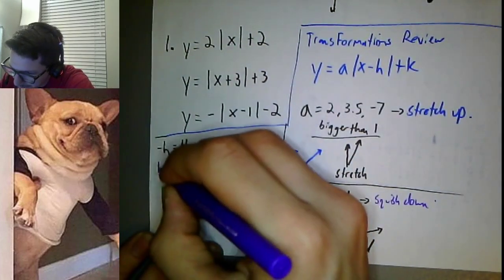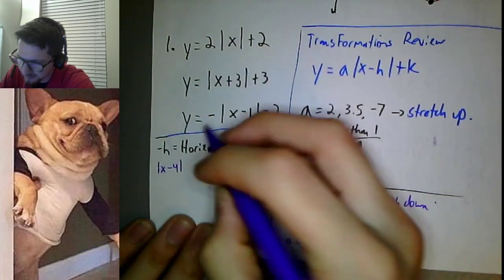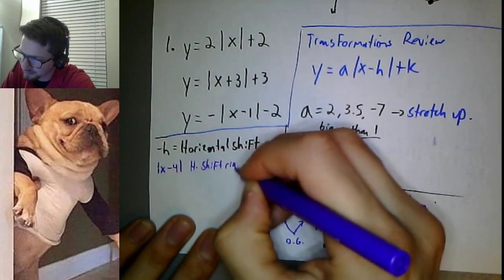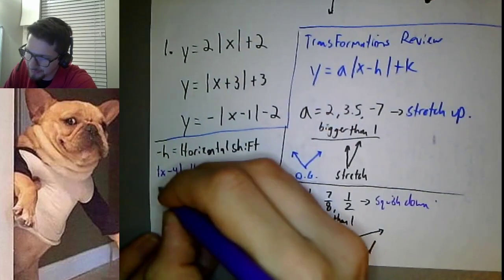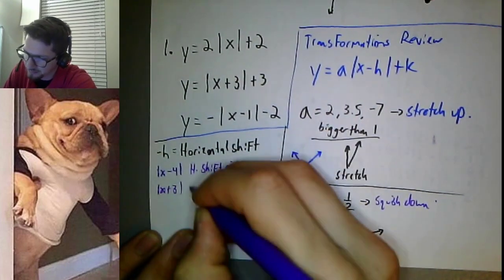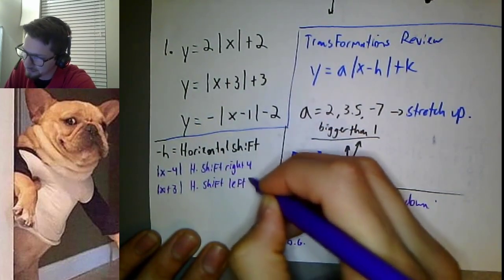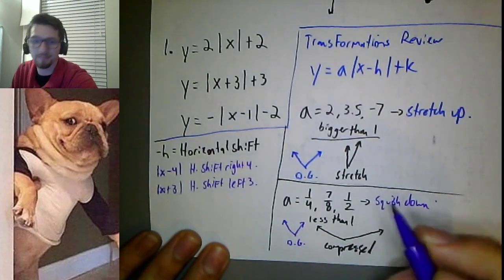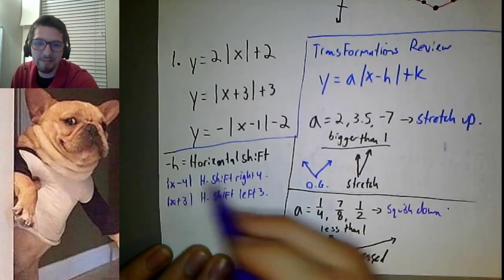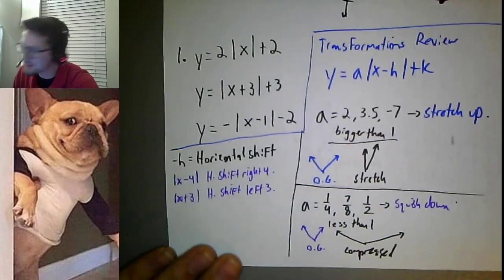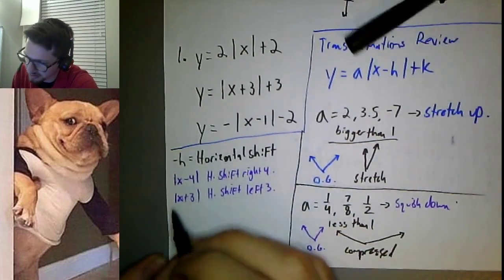If it is x minus 4, that means it's a horizontal shift right 4. If it is x plus 3, that means it is a horizontal shift left 3. So if it's negative in there, it's right. If it's positive in there, it's left. That's what you need to get it together.